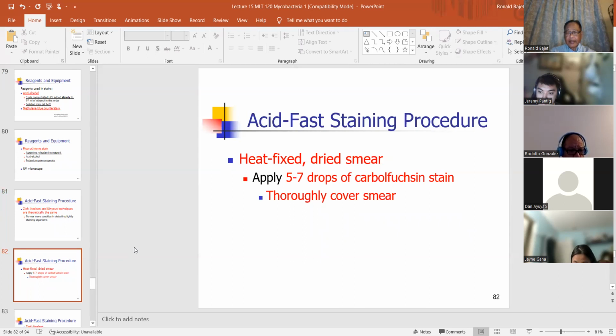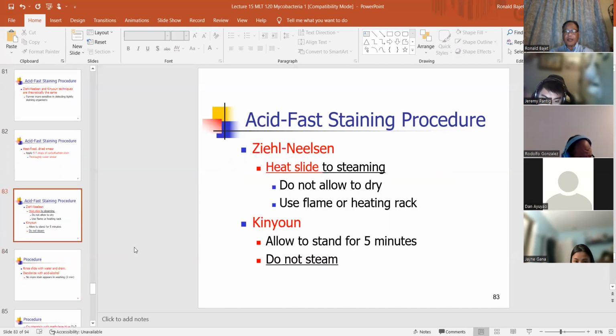Once it's dried and ready to stain, you're putting stain on your dried suspension, and make sure you cover the whole area where the specimen is at. You thoroughly cover the smear. Just remember that the Ziehl-Neelsen is the hot stain. Kinyoun is the cold stain. Kinyoun, cold, same hard consonant sound. Kinyoun, cold.